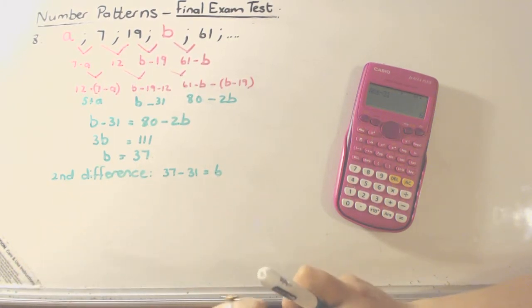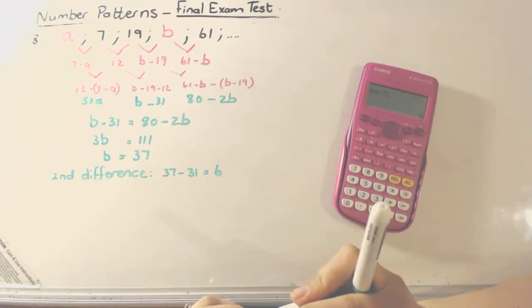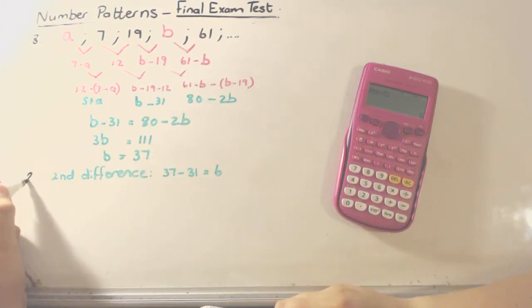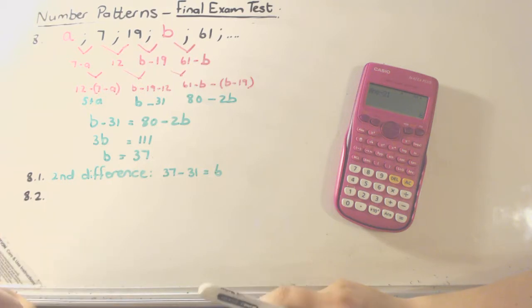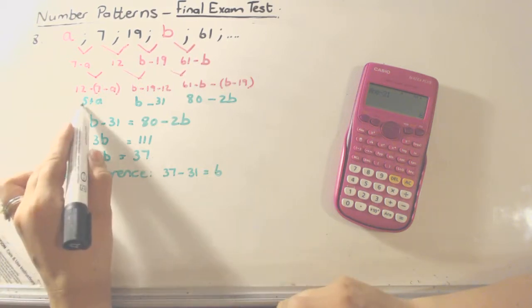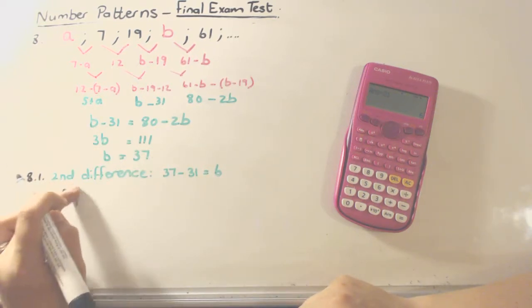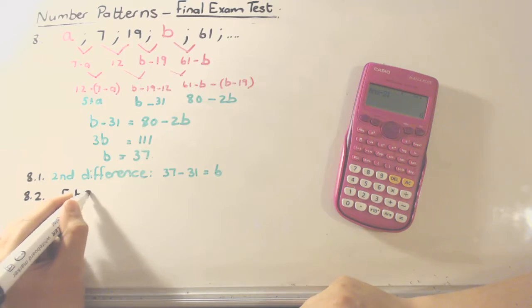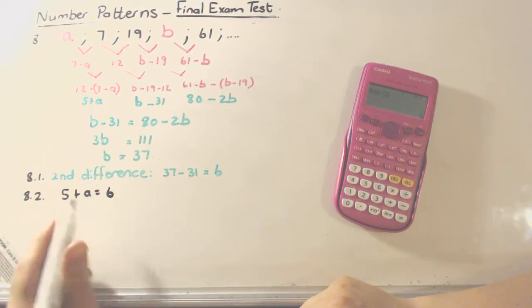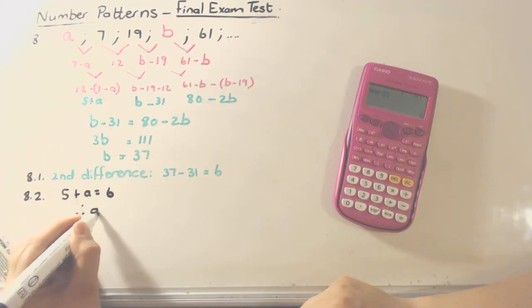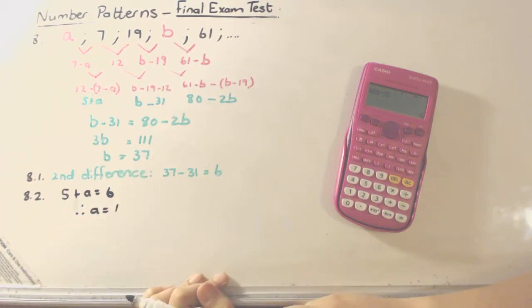That's for 8.1, they said, calculate the second difference. And then for 8.2, they say hence or otherwise calculate the first term. So 5 plus a should be 6, which is the constant second difference. That means a should be 1. Alright, so that is question 8.